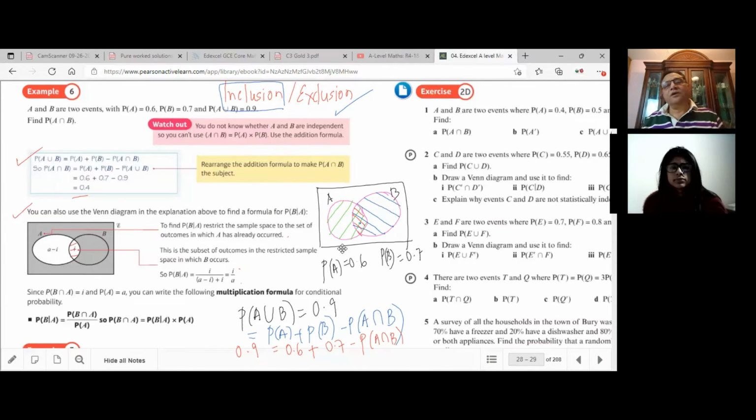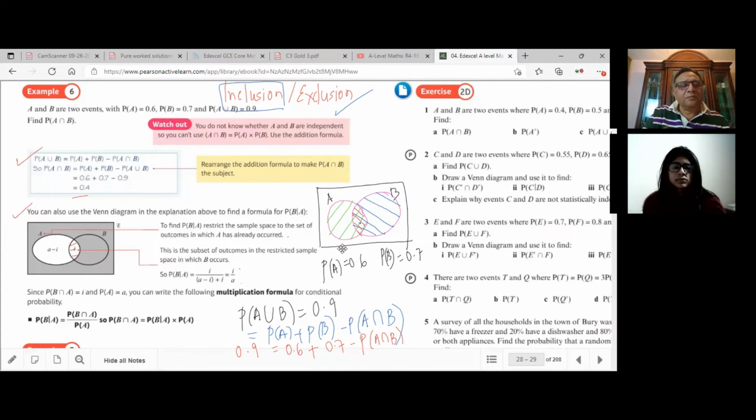Because conditional probability is when A has occurred. So if A has occurred, then that becomes our domain, or you can say the sample space or the outcomes from which we have to take away what is favorable to us. So when A has occurred, of course, we are in this particular portion, which they have split as A minus I, and I means the intersection between A and B, correct?